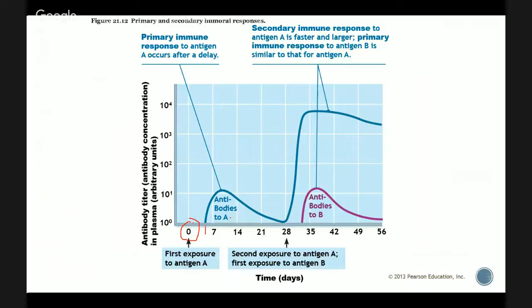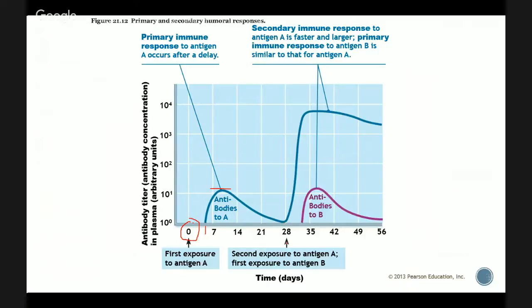And then when it does, it mounts some response, but it's not a significant response. We just don't have the firepower. We don't have the number of antibodies available to fight this pathogen as we would like, kind of caught off guard. So this would be the immunization. You inject the person with the weak or killed pathogen, the body mounts an immune response, but it doesn't amount to much.